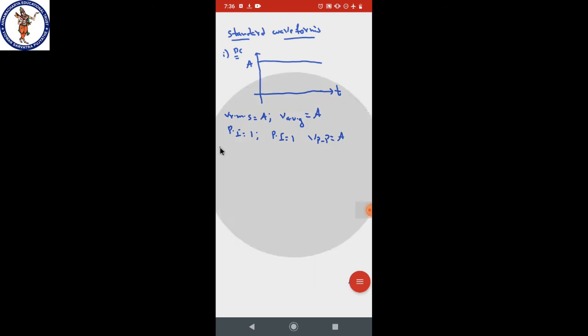Next I will go for the AC form. I will take a sinusoidal voltage, V equal to Vm sine omega t. I will write some standard AC waveform here.